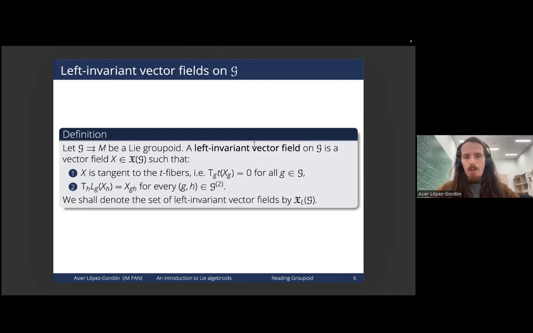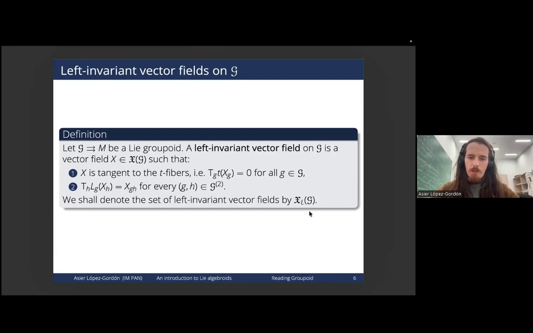So left invariant vector fields on a Lie groupoid will be the subset of vector fields on the total space which are tangent to the T fibers, meaning this, and such that for each pair of composable arrows G and H, acting by left translation of G on the tangent at H is the same as evaluating the vector field on GH.